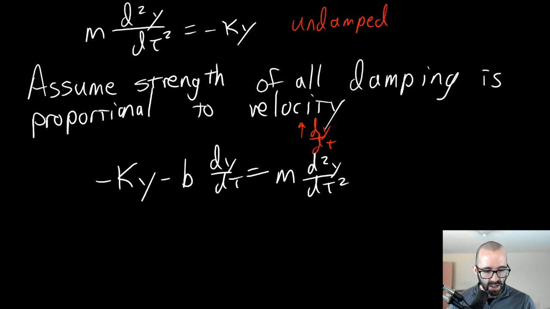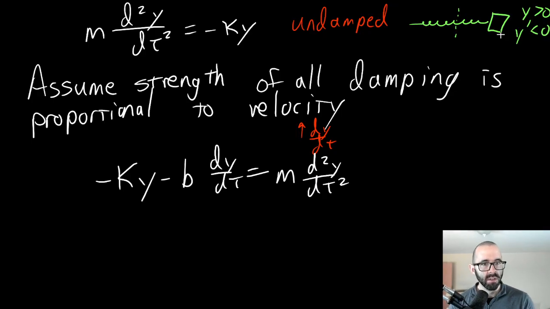If I have a spring, and maybe here's my equilibrium, we know the position is positive here, but we know the spring is going to be pulling it to the left.